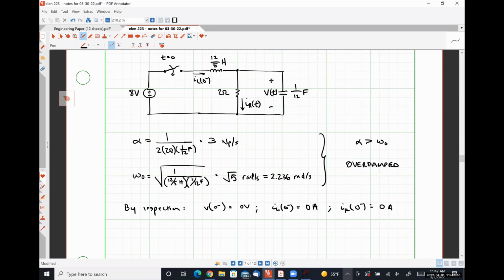But if you want to, or sometimes I will ask you to do it for whatever reason, we can keep track of it just for the sake of doing it, okay? All right, so that's our analysis at t is equal to 0 minus, where we didn't really have to do any analysis whatsoever. Again, our excitation source was not connected, so the answer to everything has to be 0. Now we'll analyze at t is equal to 0 plus.